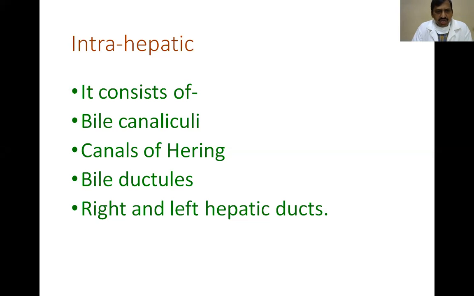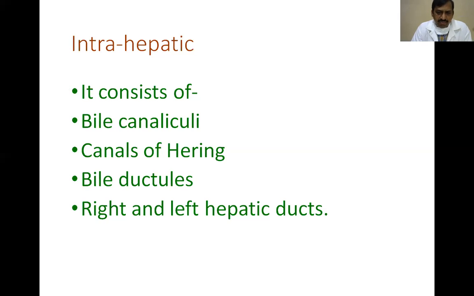First we see the intra-hepatic biliary apparatus. The structures which come under this heading are, first, the biliary or bile canaliculi. Next are the canals of Herring and bile ductules, and finally all these bile ductules together form the right and left hepatic ducts.